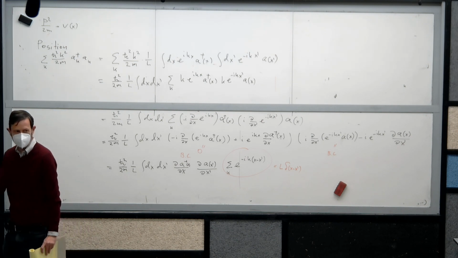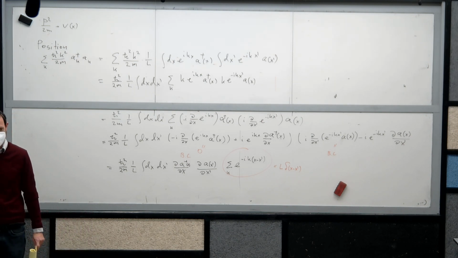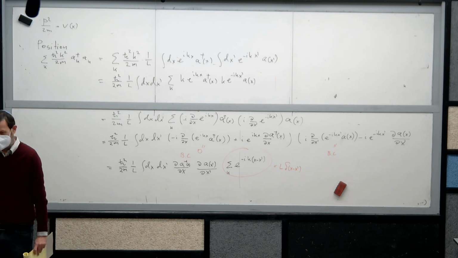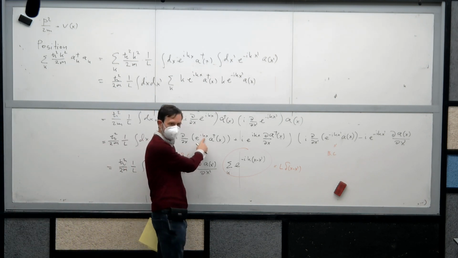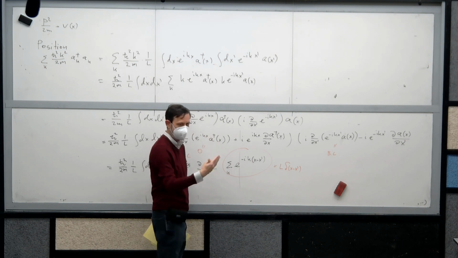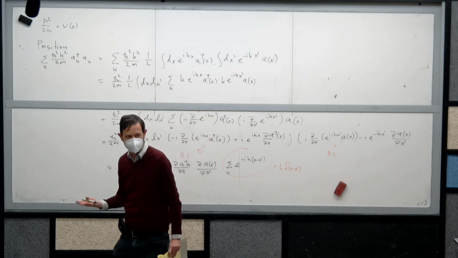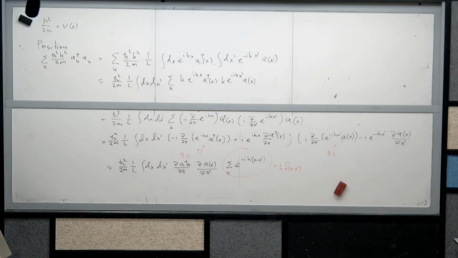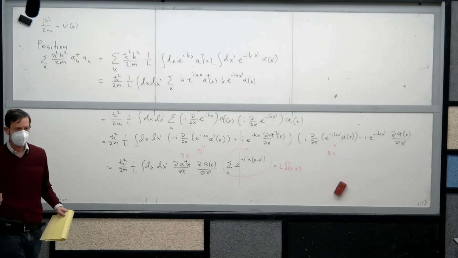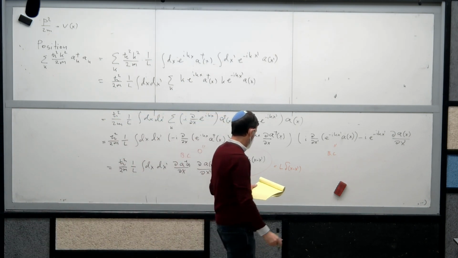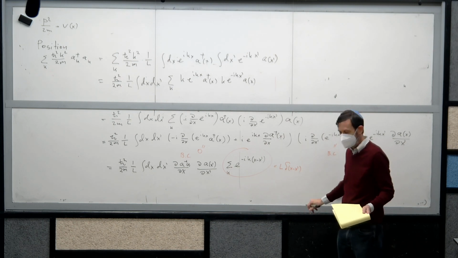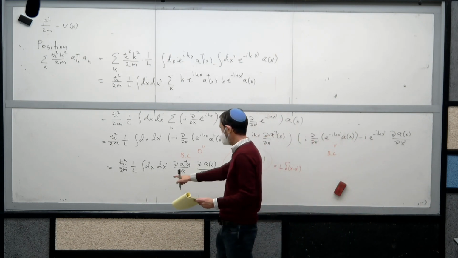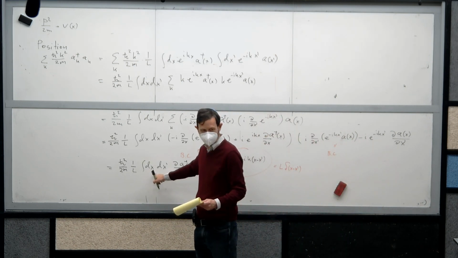So either cyclic or finite, both of them. It's not completely correct for finite, because then you should use sines and cosines, but it's the same idea. Okay, questions about this? Kronecker delta. Okay, so I can get rid of one of the integrals here.